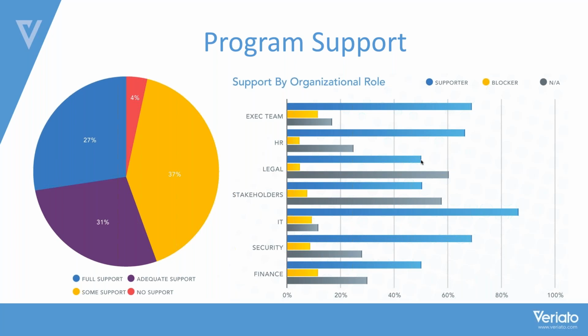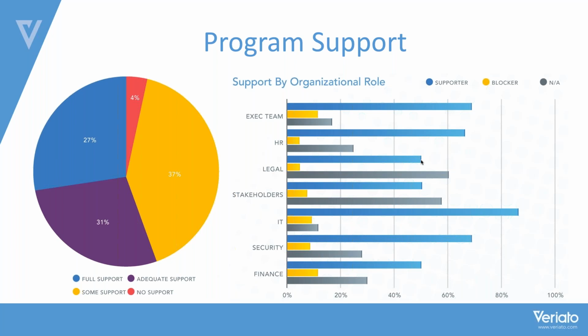The majority, the 37% on the right-hand side of the left graphic, had some level of support, but the 4% at the top middle is no support. So very few organizations got none whatsoever. You'd probably want to be somewhere between the 31% in the bottom left-hand corner, which was adequate, meaning they're helping us, and full support, meaning they're fully behind us.